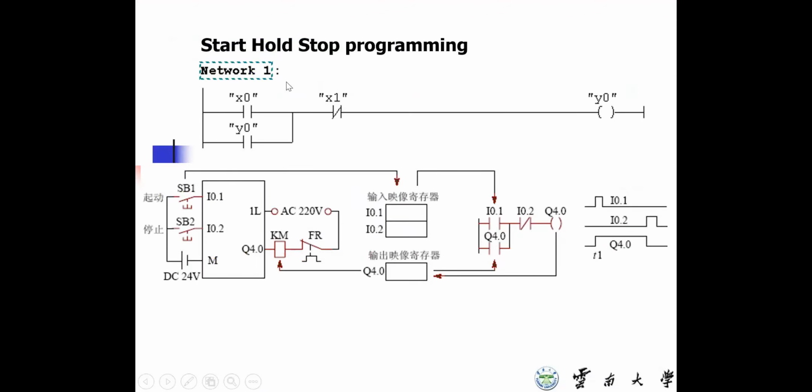So I will introduce the experience design method for PLC. Can you see this ladder network? In this network, it means start, hold, stop programming. Because in this network, what is the start?